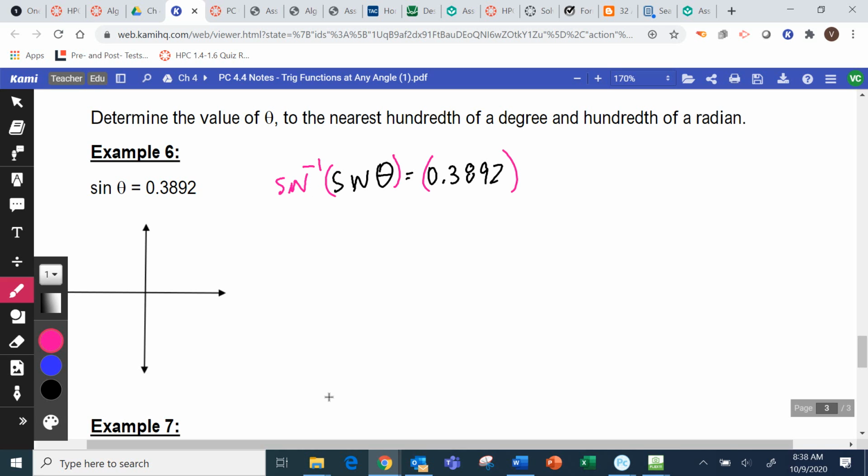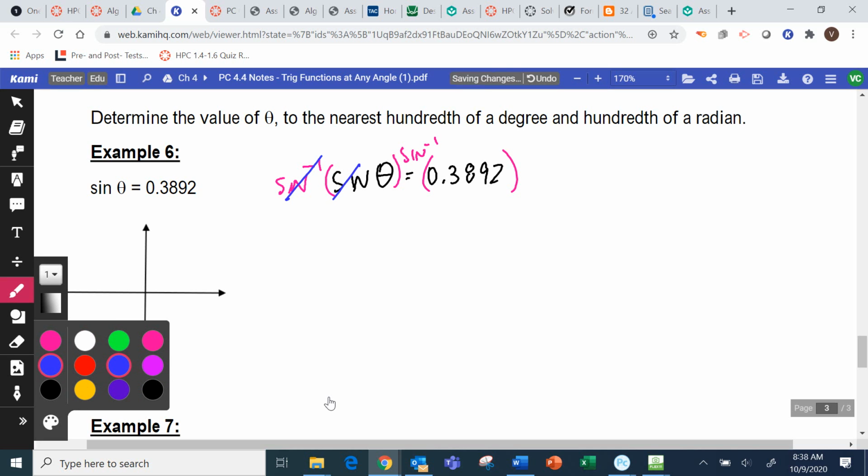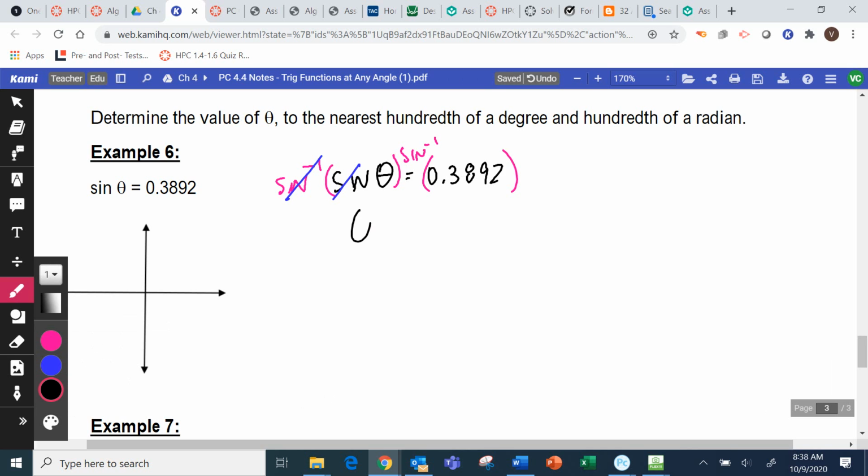When I use sine inverse, that cancels out sine, and I get theta. On the other side, I have sine inverse of 0.3892, and I know you guys know that's what we need to type in our calculator.